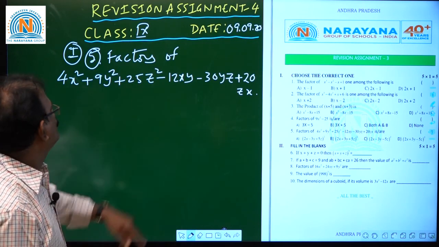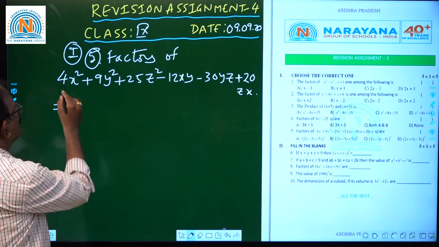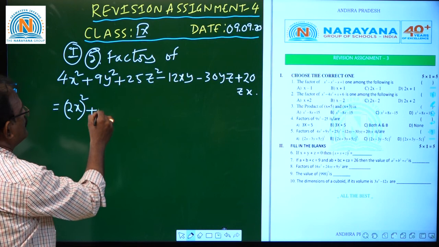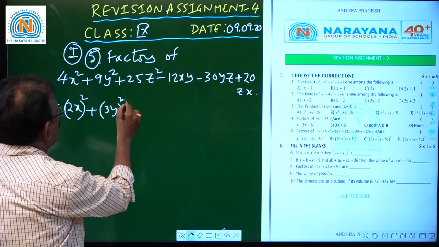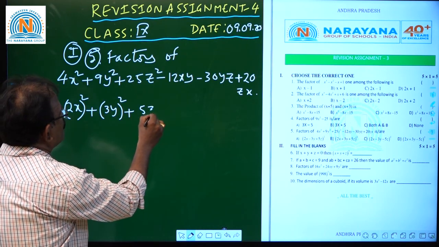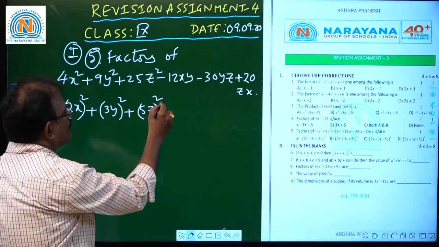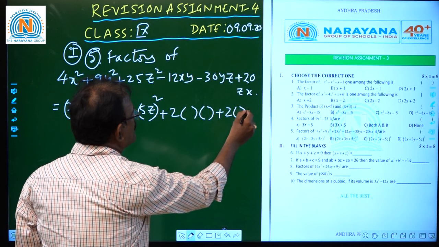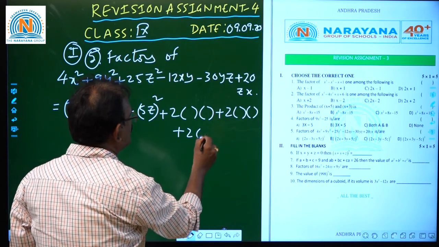Okay, so 4x square can be taken as (2x) whole square. This is (3y) whole square. This is (5z) whole square, children, and plus 2ab plus 2bc plus 2ca.